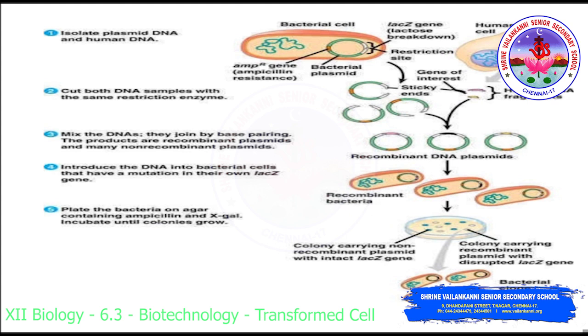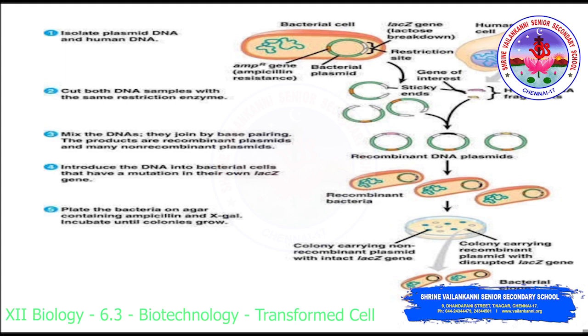In this picture you can see the recombinant DNA plasmid we made using rDNA technology. Fourth step: introduce the DNA into bacterial cells that have a mutation in their own lacZ gene. We insert the recombinant DNA into the bacterial cell for replication to produce an enormous quantity.